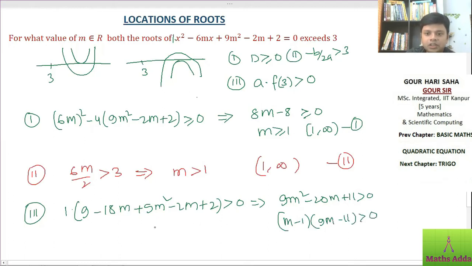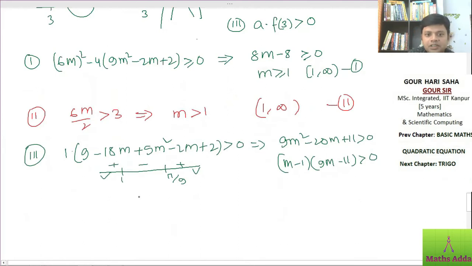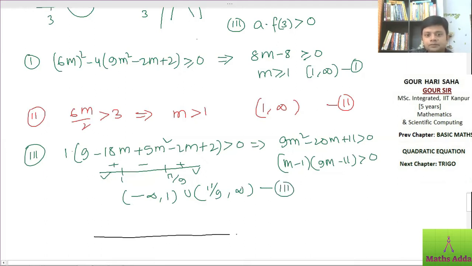So the critical points are 1 and 11 by 9, plot it. 1, 11 by 9, plus minus plus, we are looking for plus, right? So it is minus infinity to 1 union 11 by 9 to infinity. Now what will we be doing? We will be taking the intersection of 1, 2 and 3. So plot a number line.